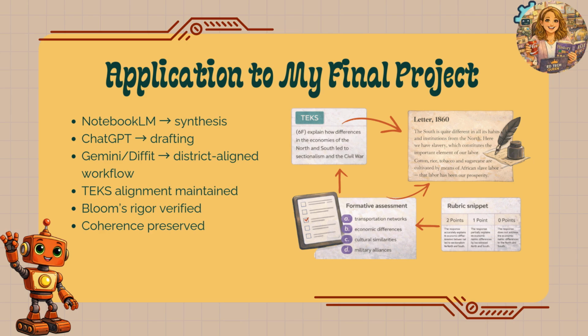If implementing this unit under district policy constraints, I would replicate that process using Notebook LM, Google Gemini, and Diffit AI, as I spoke about earlier. In every case, I aligned material to the Texas state standards, ensured Bloom's cognitive rigor, verified historical accuracy, and maintained alignment across objectives, assessments, and activities. AI enhanced the efficiency and differentiation, but it did not determine the instructional intent of the project.